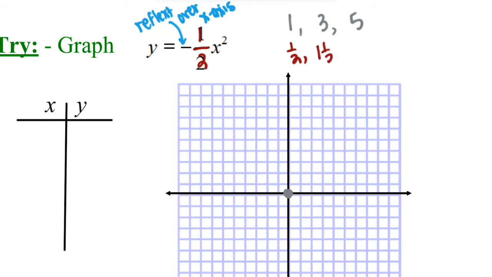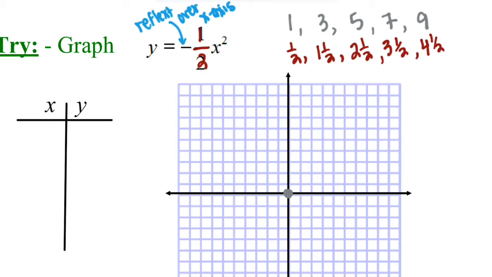Half of 3 is 1.5. Half of 5 is 2.5. And then we could even go as far as 7. Half of 7 is 3.5. And if we had room, half of 9 is 4.5.